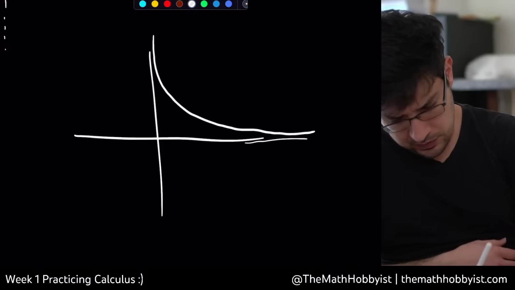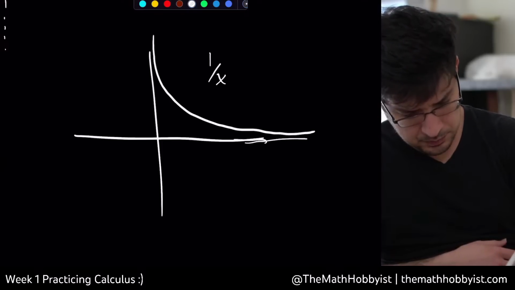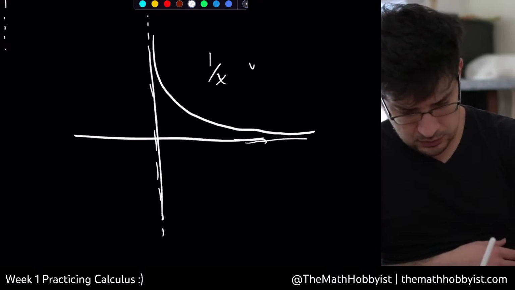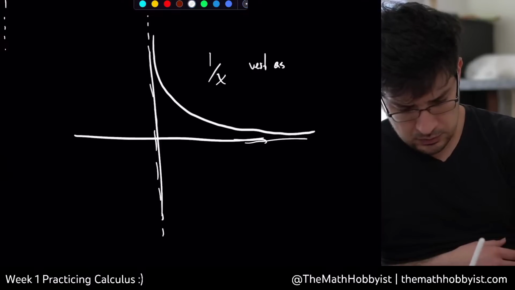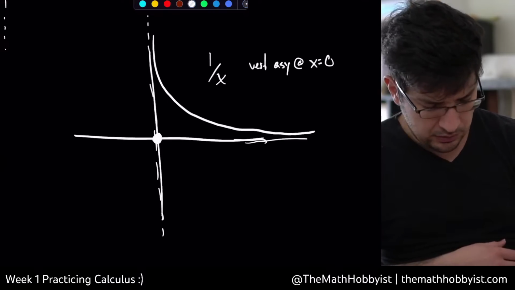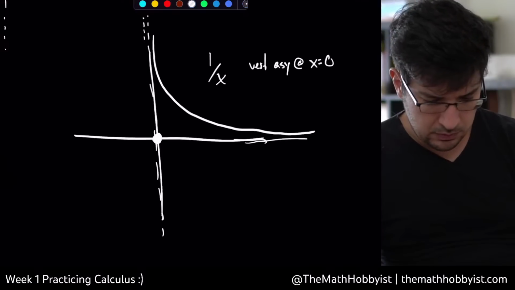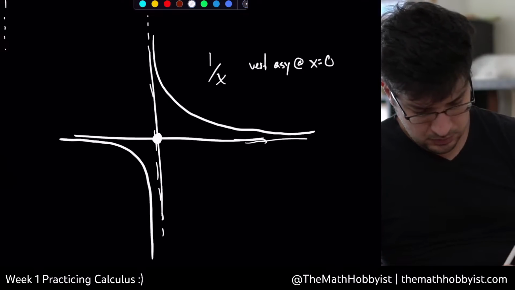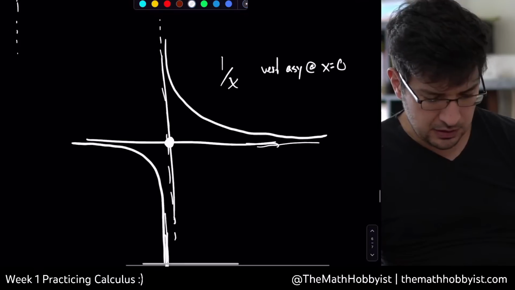I believe that this is the function 1 over x, and it has a vertical asymptote at x equals 0. But what happens if you define the function piecewise? Wait. If x is negative, then it tends to negative infinity.